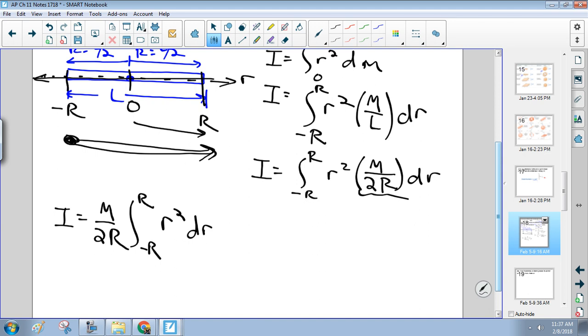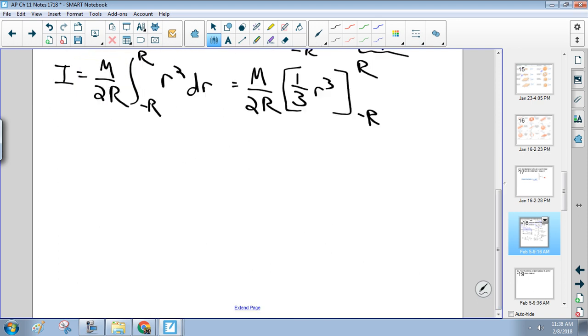Now we integrate this. We get M over 2R times the integral of r squared, which is just 1/3 r cubed, evaluated between negative R and positive R. Lots of algebra.